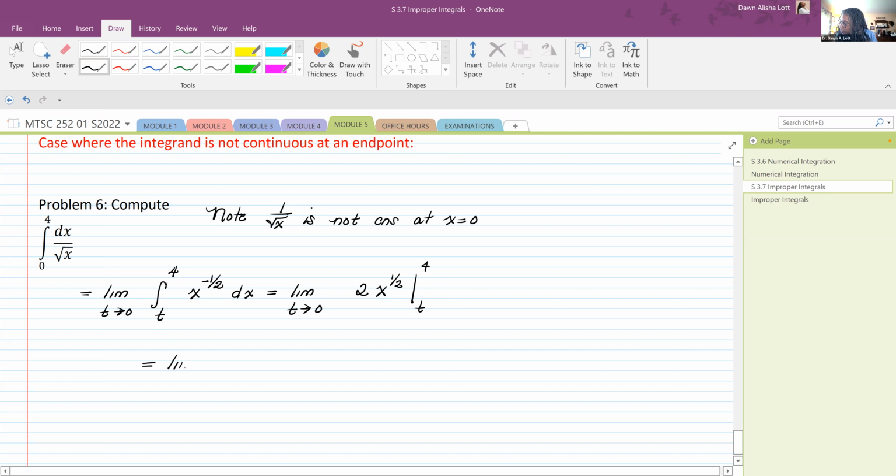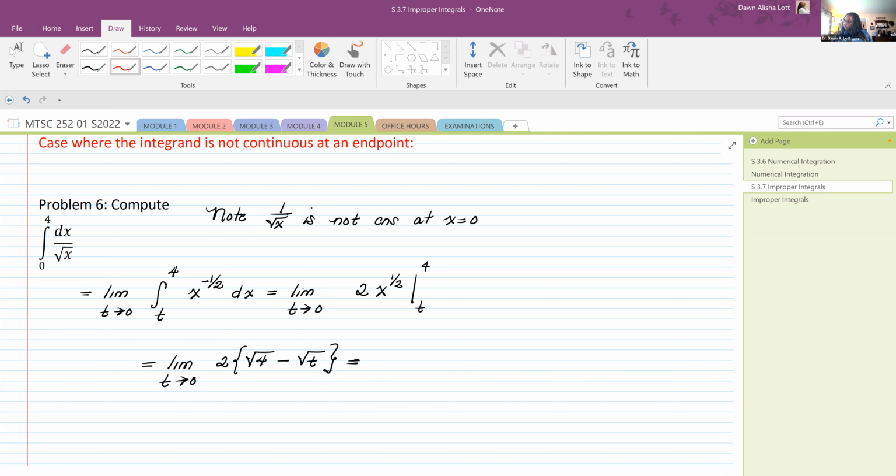So this is the limit as t approaches 0. I'm going to get 2 times the square root of 4 minus the square root of t. And as t goes to 0, this goes to 0. So I just get 2 times 2. So that's 4. So this integral is convergent.